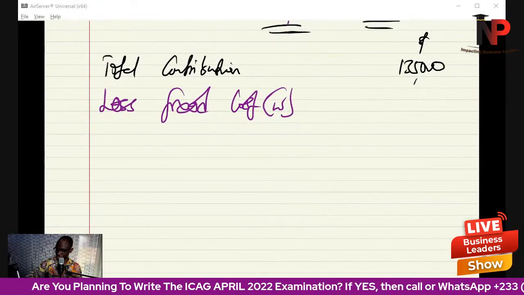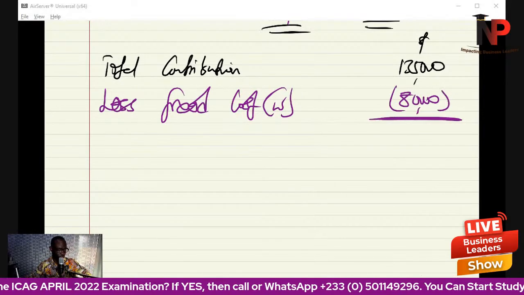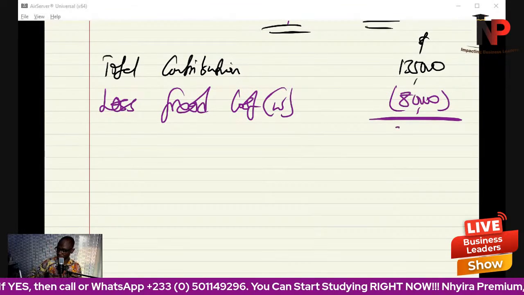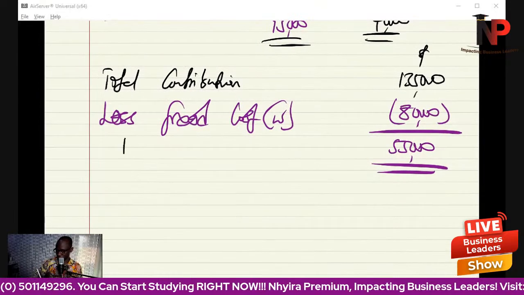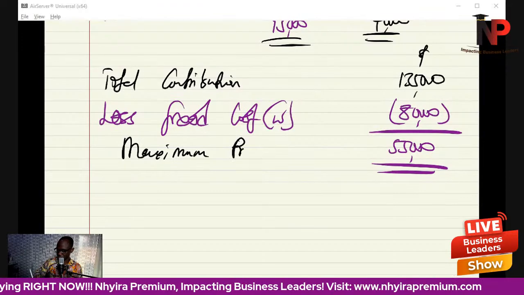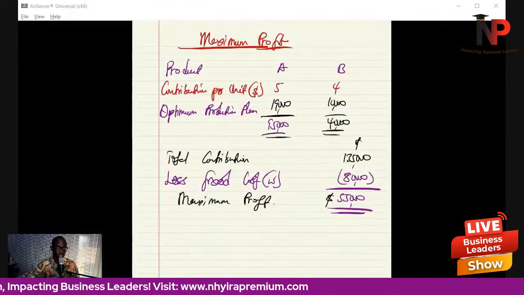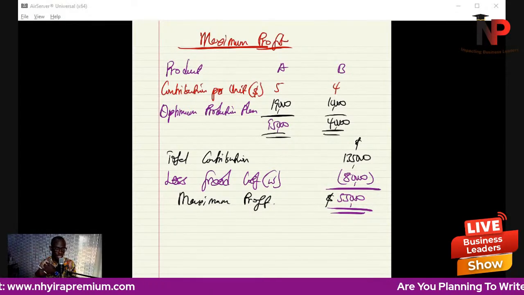So we less fixed cost from the workings, 80,000. And that gives us our answer of 55,000 as the maximum profit. Any question? So that is how we deal with the conventional approach for this one.